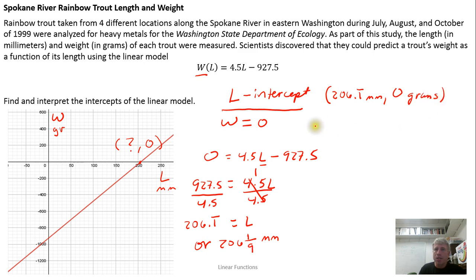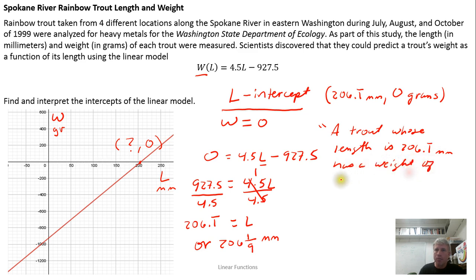And my interpretation of that is that a trout whose length is 206.1 repeat millimeters has a weight of 0 grams. So again, we want to identify that this intercept doesn't make sense.